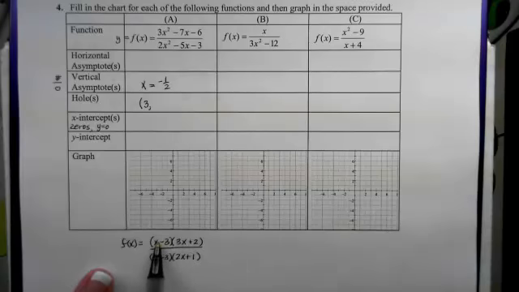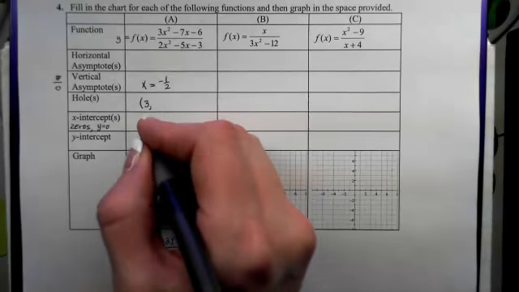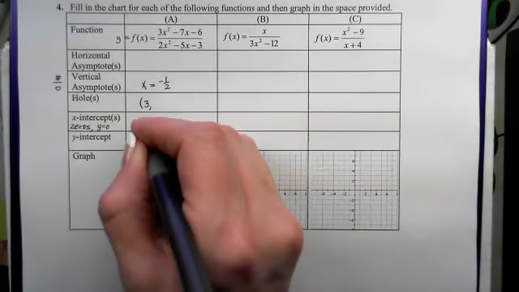However, at 3, we did not have a domain element because we were trying to divide by 0. So 3 is not even in the domain, which means we cannot possibly have an output of 0 when we can't even plug in 3. So that means our only x-intercept is going to occur at x equals negative 2/3.